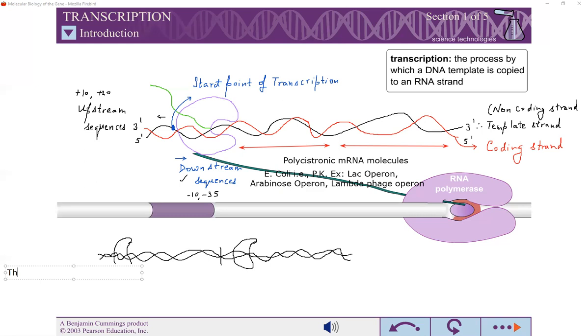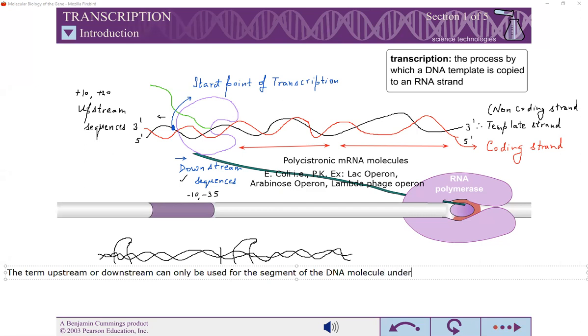The term upstream or downstream can only be used for the segment of the DNA molecule undergoing transcription.